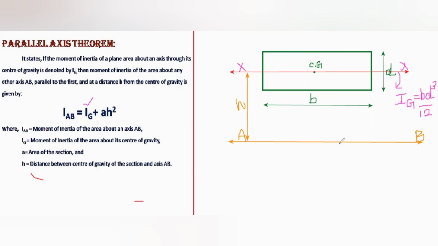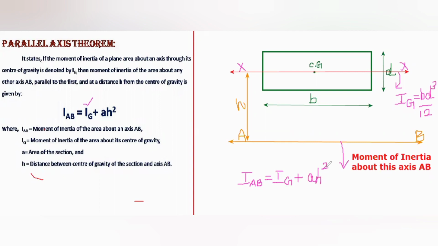But we need to calculate the moment of inertia with respect to the axis AB, that is IAB, that equals Ig plus A h square.